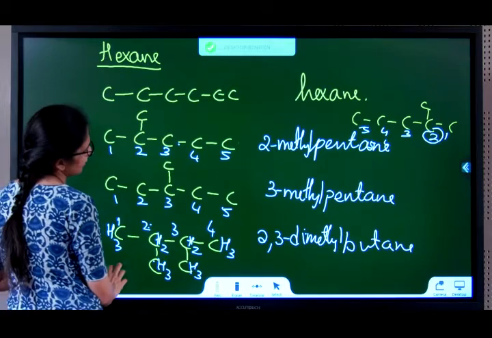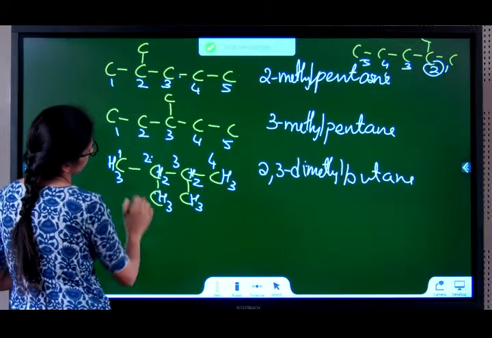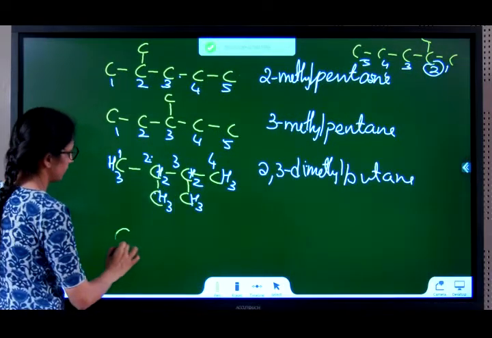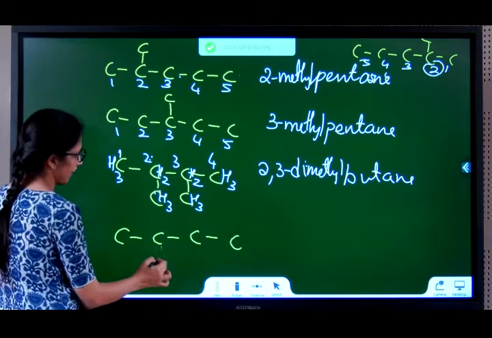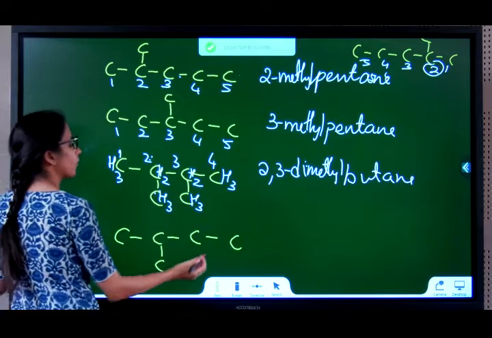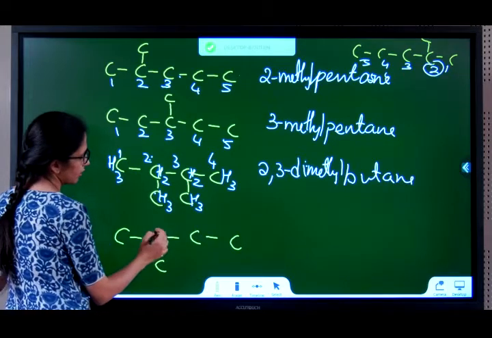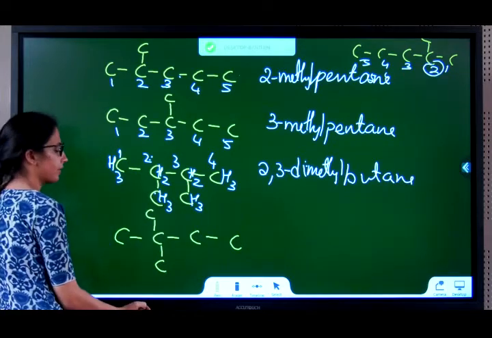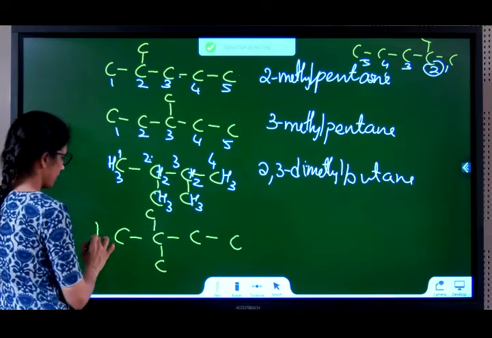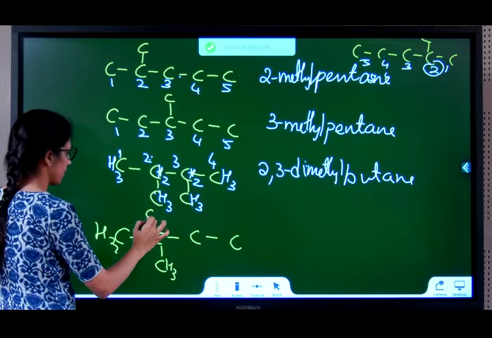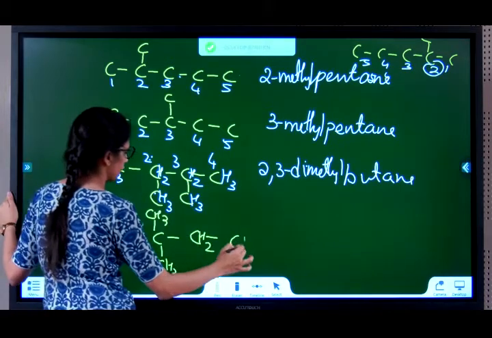Is there any other isomer that is possible? So, I had this right initially, that one more carbon atom I placed it here. Instead of placing it there, what if I place it here? Then you can observe CH3, CH3, CH3, CH2, CH3.